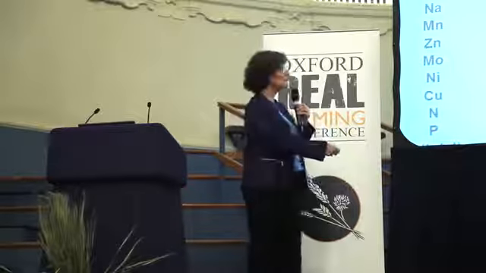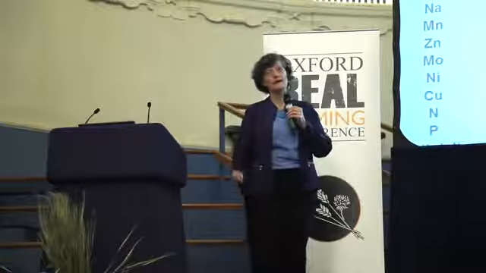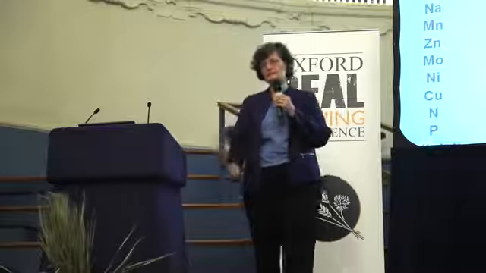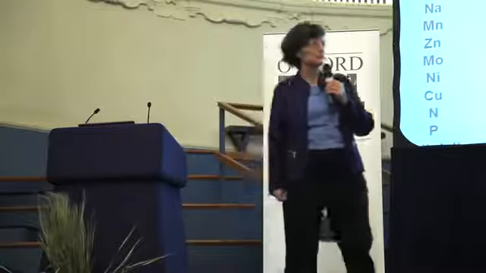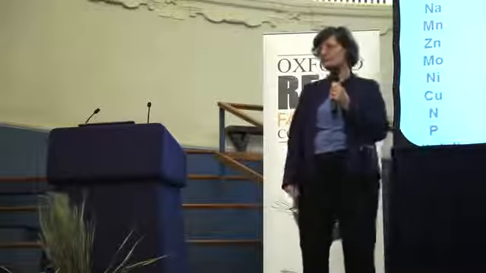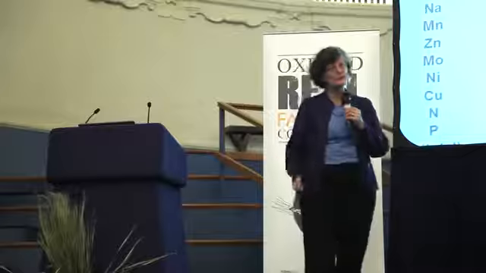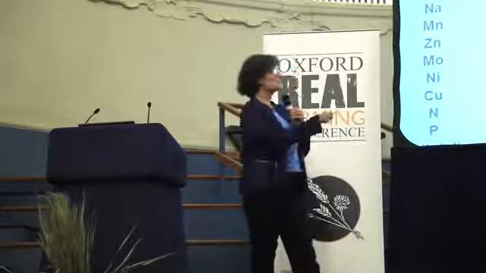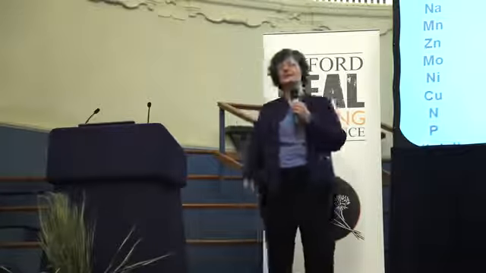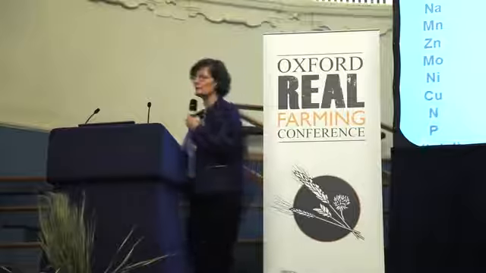But how do you get these nutrients that are present in every grain of sand, every bit of silt, every clay particle, how do you get those nutrients from these plant-unavailable forms into a plant-available form?